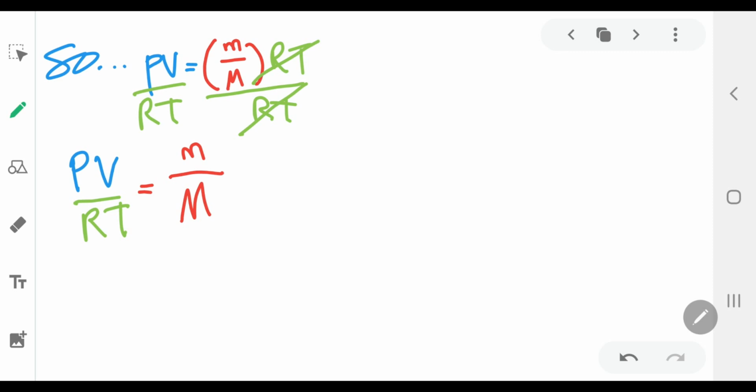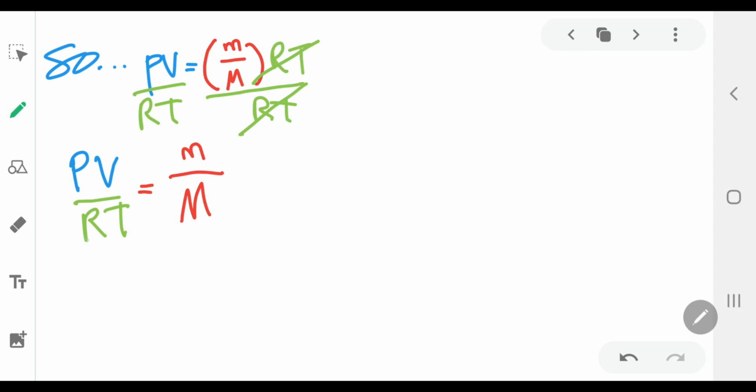Now, what we need to do next is get that m on that side, and this volume on this side. Why do we need to do that?